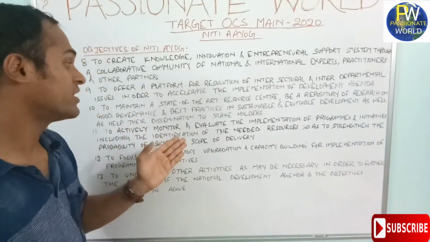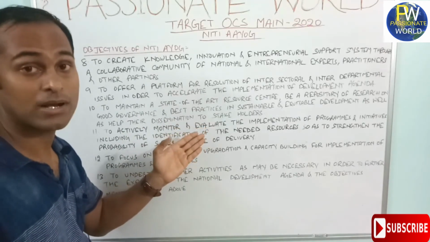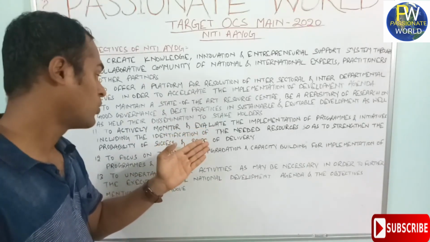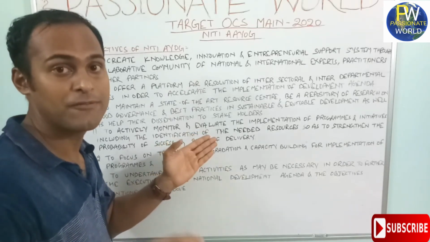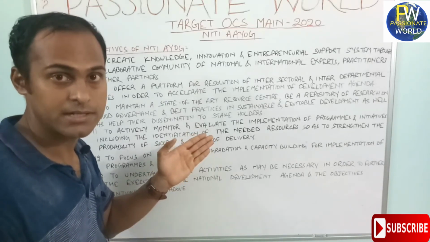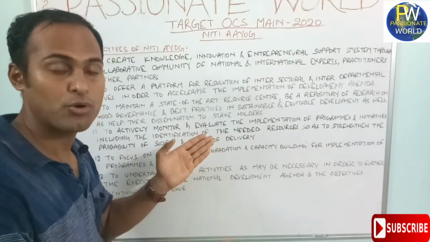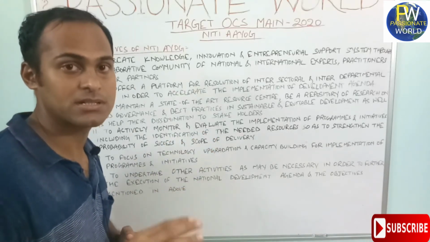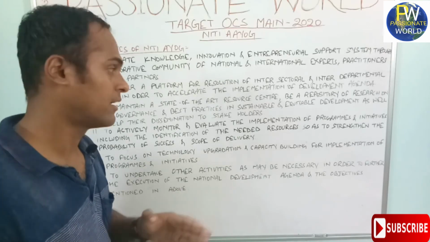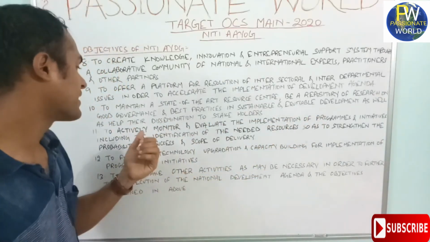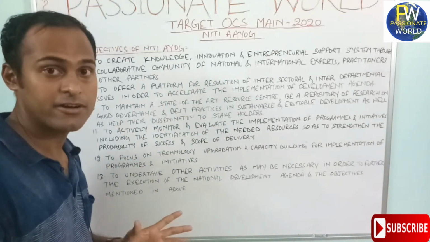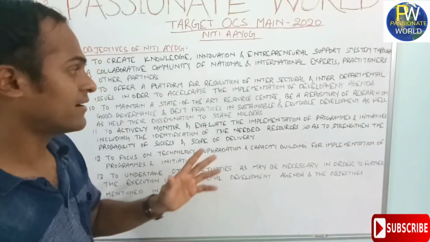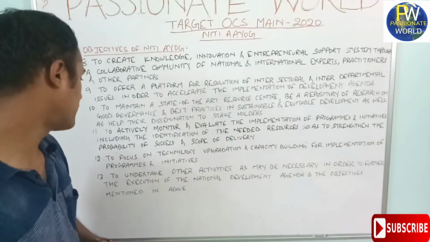Until and unless we monitor and evaluate the implementation of a program, we will not get the desired result for which the program was first objectified. And including identification of needed resources: identifying the needed resources, how to get them and how things can be transformed.